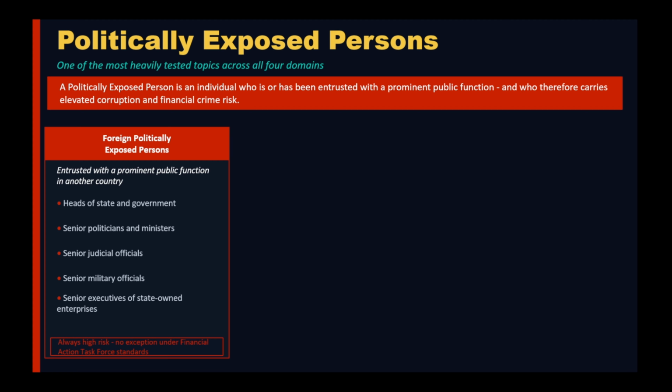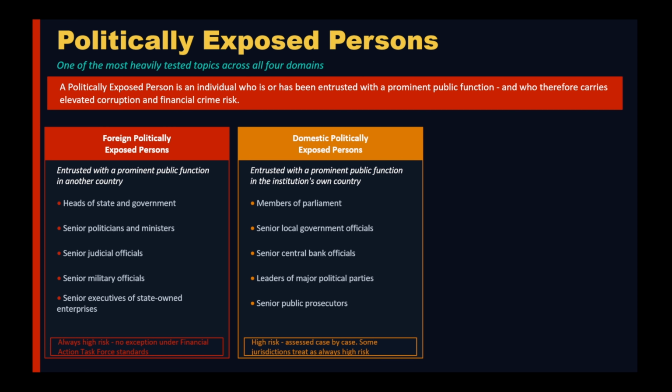Let's look at the second one, domestic PEPs. These are individuals entrusted with a prominent public function in the institution's own country. Members of parliament, senior local government officials, senior central bank officials, leaders of major political parties, and senior public prosecutors fall into this category.